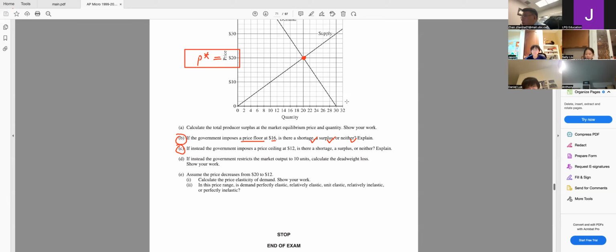So the initial price is 20, and you set a price ceiling. Actually, we can graph this price ceiling equals 12. So what happened here? If you set the price equal to 12, quantity demanded is here, quantity supplied is here. So what is this gap called again? Shortage or surplus or neither?